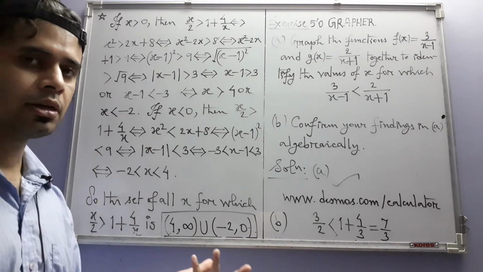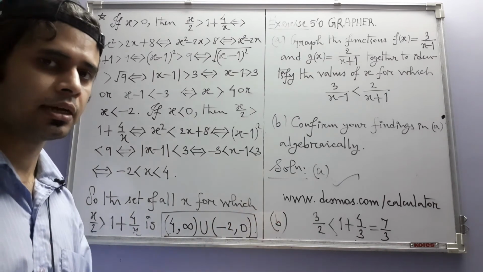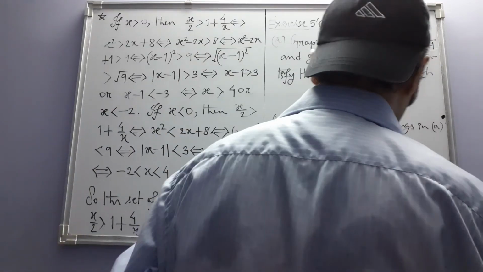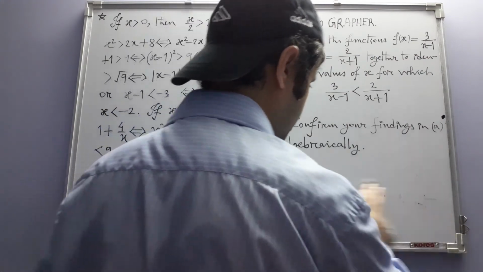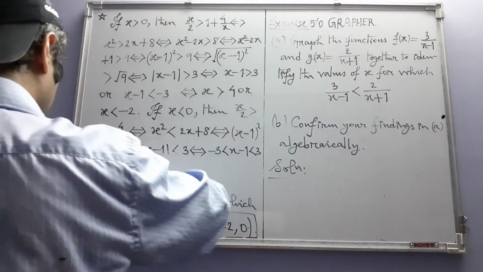Both of the functions are problematic in this sense. So part A you already know, you have to go to Desmos and find out the graphs. From the graphs you will be able to figure out the required values of x.